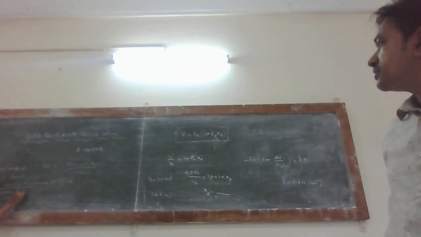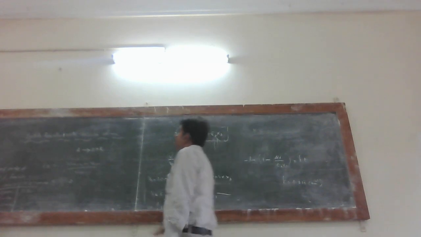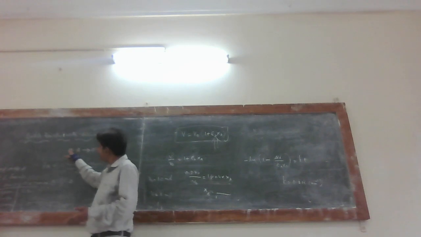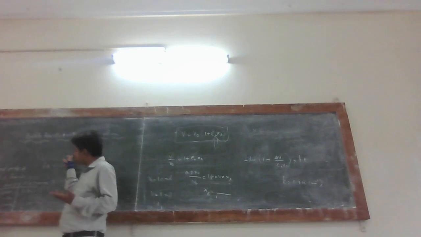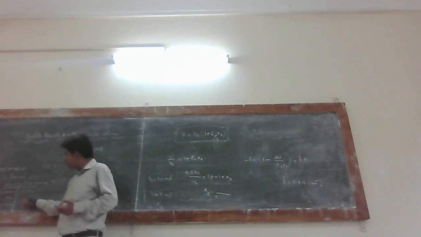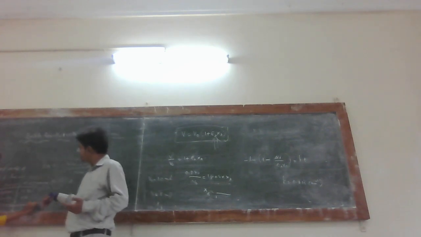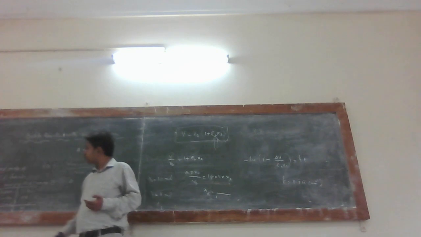Now at 0% conversion, A is as it is, 0.8, and inerts 0.2. Why are you multiplying? At 0% conversion, whatever is there will be as it is. So add it: here it will be 1, and here 2 plus 0.2.